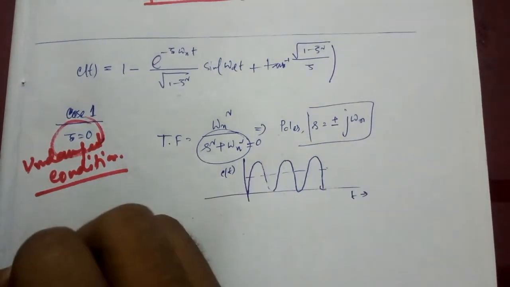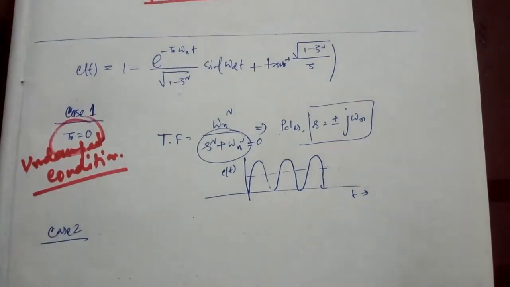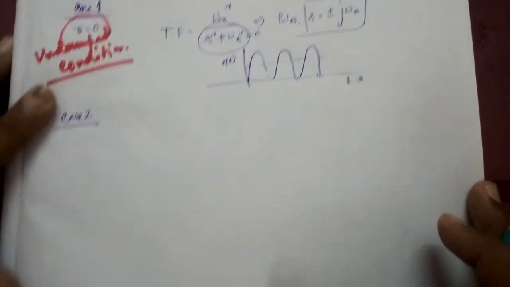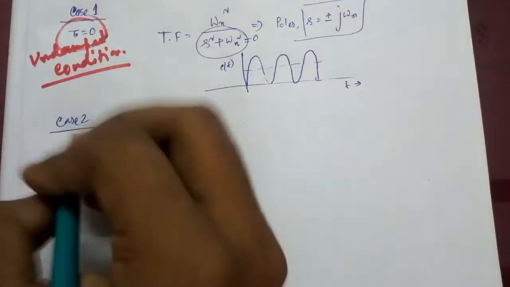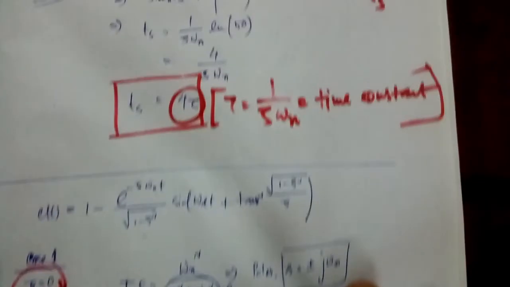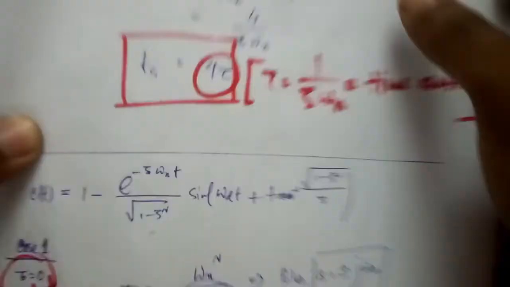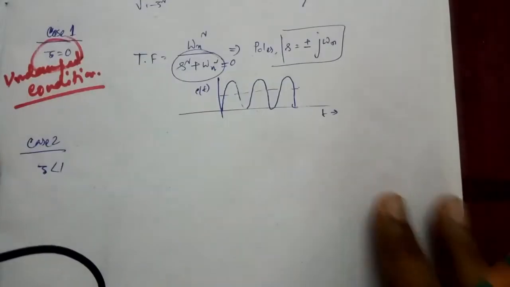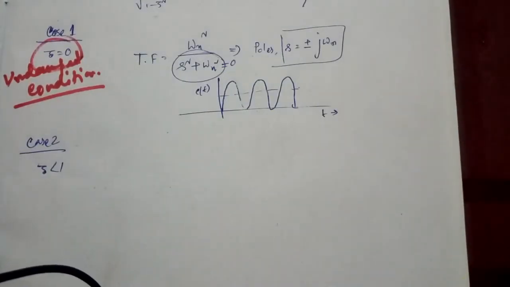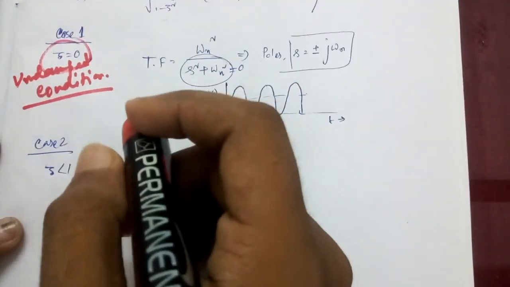Now case 2. Case 2 is taking the zeta value less than 1. Previously I told you zeta is very less than 1. This condition is called the underdamped condition.